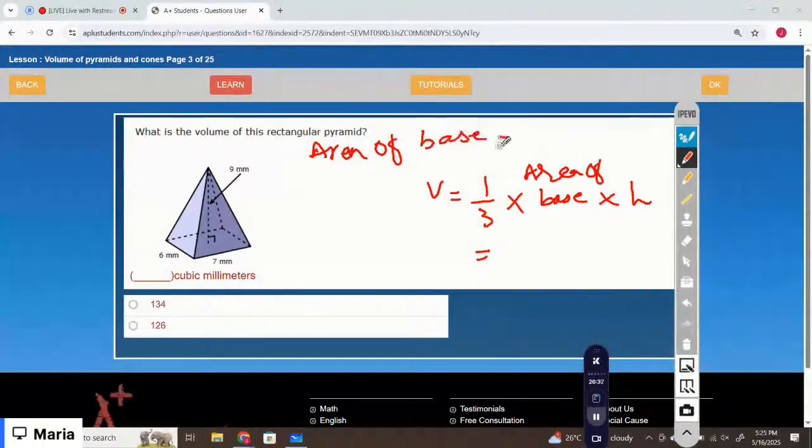So the area of base is 6 times 7, that is 42.